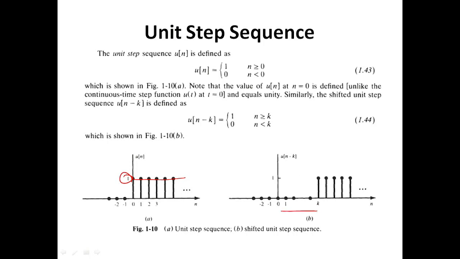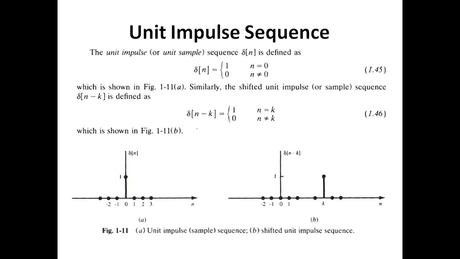We can also have the signal in a delayed form, u of n minus k. Then for the unit impulse function, delta n equals 1 at n equals 0 and 0 for n not equal to 0, and again you can shift it to any other position by varying the value of k.